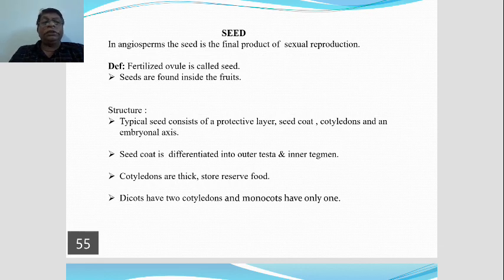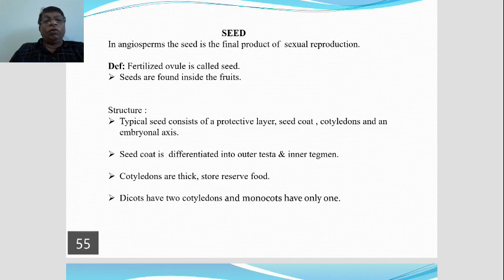It means the seed is protected by a layer, which we call the seed coat. Next, the seed contains cotyledons. Two cotyledons are there because it is a dicot seed. And at the center, there is the embryonal axis. In a seed, we have the protective layer seed coat, cotyledons, and embryonal axis.